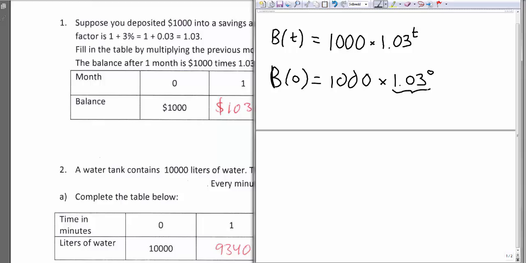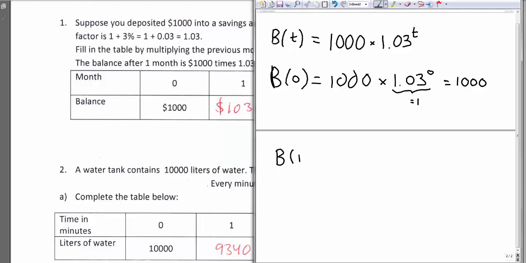Remember that any number to the power of 0 is equal to 1. So this is basically just 1,000 times 1, which is 1,000. And that's correct. This might seem a little bit silly to find out what you have after 0 months, but we just have to make sure that the formula works for every value of t.